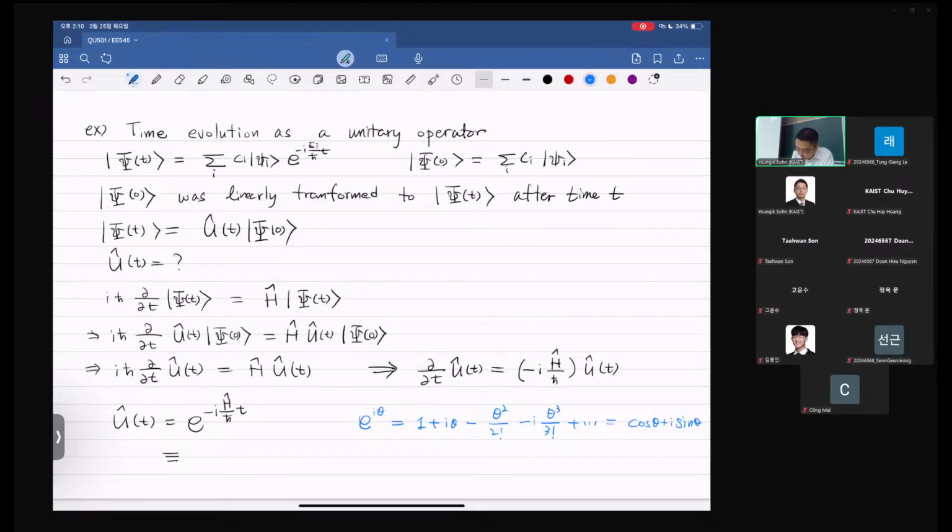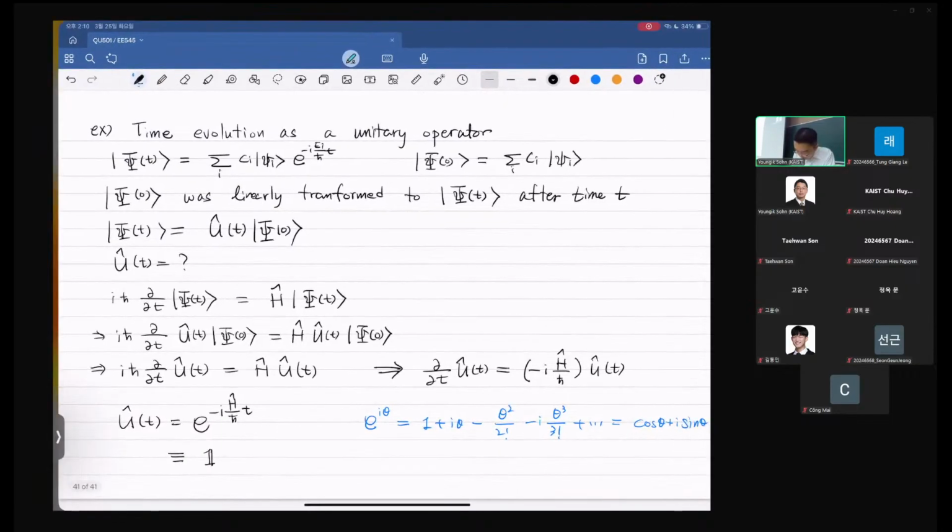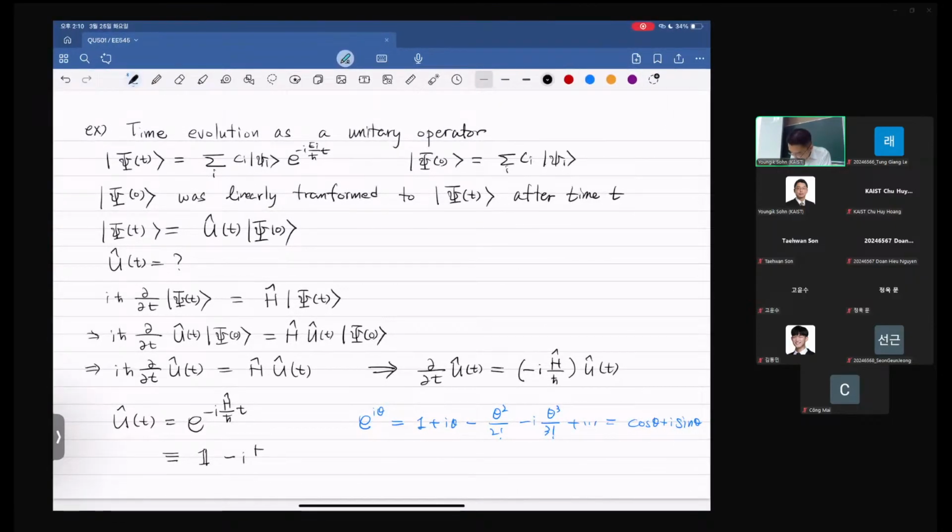If you do it, I can write 1 in the first term, but the left-hand side is an operator, so I cannot just put the number 1 there. Instead I write the identity operator, and then minus i H over h bar times t. That's the linear term of the Taylor expansion. It's defined this way, and so on.